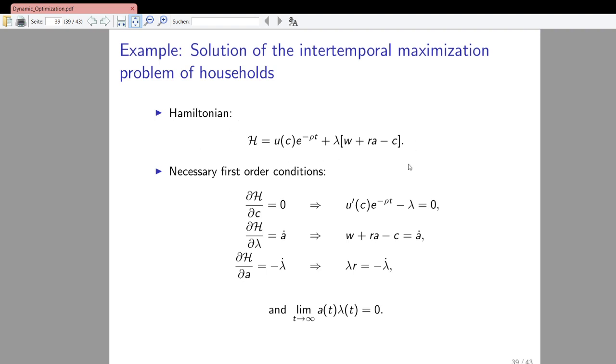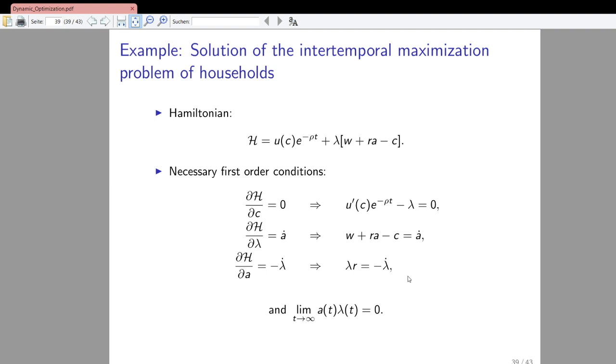Now, this is a side remark: this is the formulation of the present value Hamiltonian. In the case of the present value Hamiltonian, we have the discount factor in the first term of the Hamiltonian. There is another alternative formulation, the so-called current value Hamiltonian, where the discount factor does not show up here, but instead it shows up in the co-state variable and in the first order condition, to an extent that the final result is equivalent.